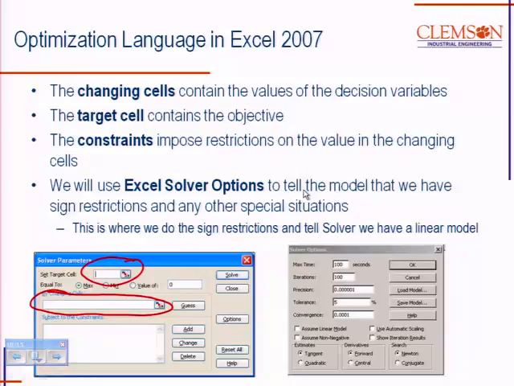And then we have the constraints down here for any restrictions on what we're allowed to change in the changing cells. Okay. In addition to that, we need to go over to options and indicate that we have either a linear model or non-negativity constraints to be assumed. Okay.